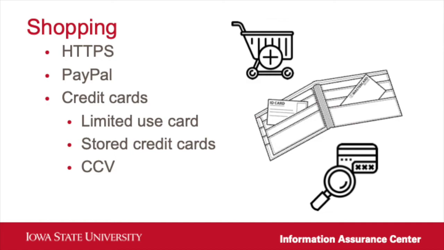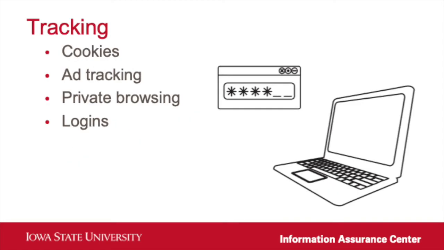So this next little thing I'll talk about is tracking. Now, this really is not necessarily a security problem. This is just an interesting thing that you may have noticed, and you may start to notice more now that you're online a lot more, you're doing a lot more online shopping, is this idea of tracking. And you may have run into this already.